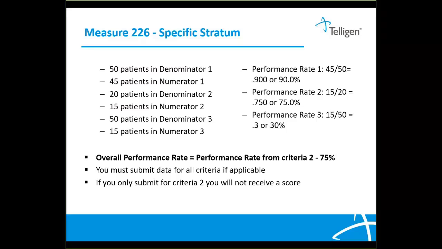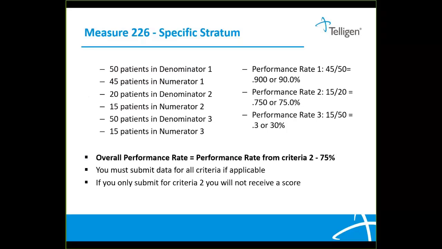And for denominator 3, we had a numerator of 15 and a denominator of 50, so we scored 30%. Now, they're looking at, for this specific stratum, that the overall performance is equal to criteria number 2, so you're going to score 75% for this.